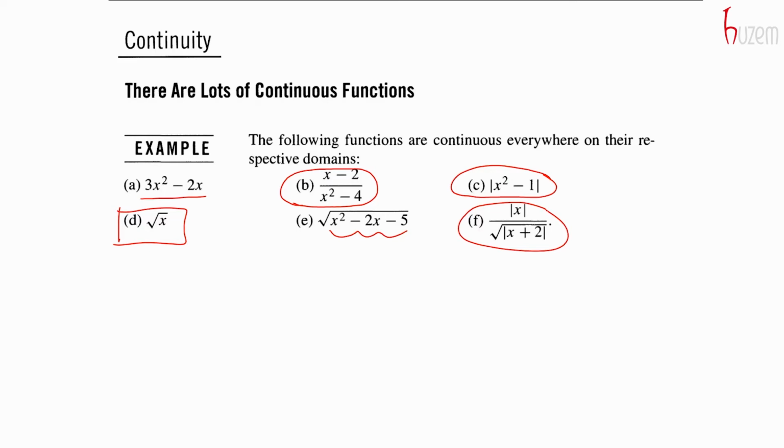And denominator square root of the absolute value is defined whenever x is not minus 2. So when x is minus 2, the denominator vanishes, so the function is not defined, except at minus 2 it is always defined, and you get a continuous function because absolute value is never negative.